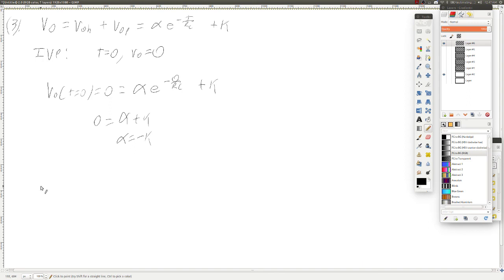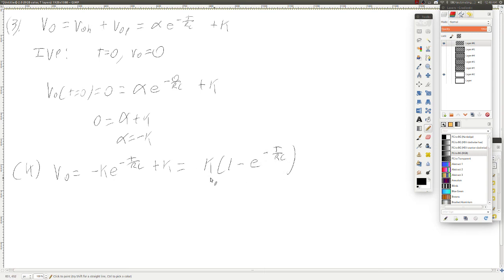So we solve for our final variable, and now we can come over here to step 4, finalize and simplify. V out is equal to negative k e to the negative t over RC plus k, which is equal to k times 1 minus e to the negative t over RC.